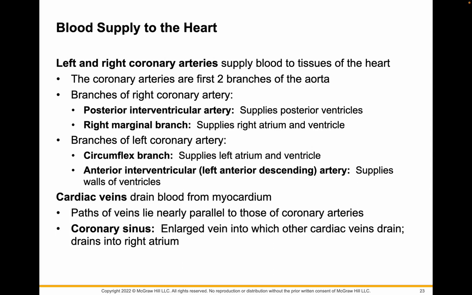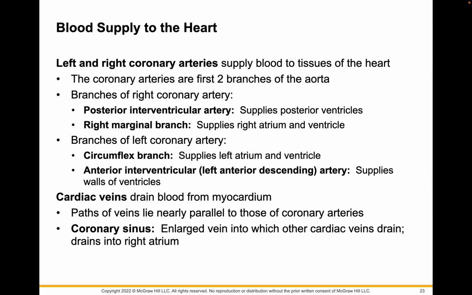So the branches of the right coronary artery are called the posterior interventricular artery, and it supplies the posterior ventricles, and then the right marginal branch, which supplies oxygen to the right atrium and ventricle. The branches of the left coronary artery are called the circumflex branch, and it supplies blood to the left atrium and ventricle, and the anterior interventricular artery, or left anterior descending, supplies walls to the ventricles.